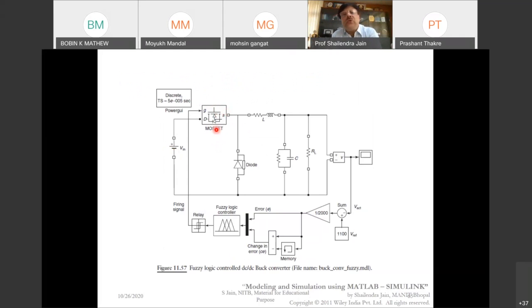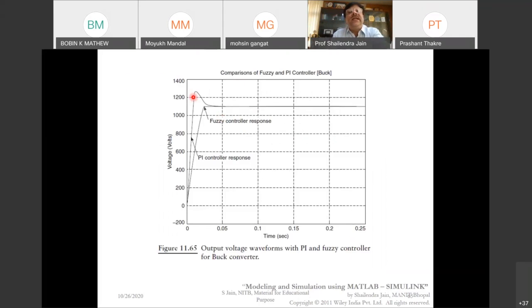But if your overshoot is even more, let's say if it is going to 2000 volt, in that case you need to choose a device with a higher voltage rating. So what we can say is that in this particular case, the transient response of the fuzzy controller is better.